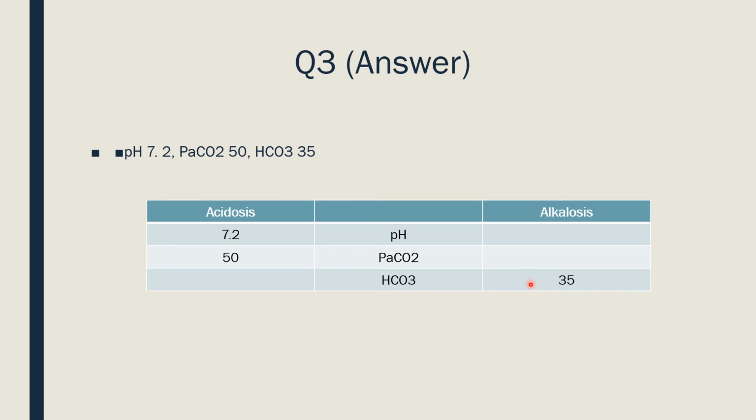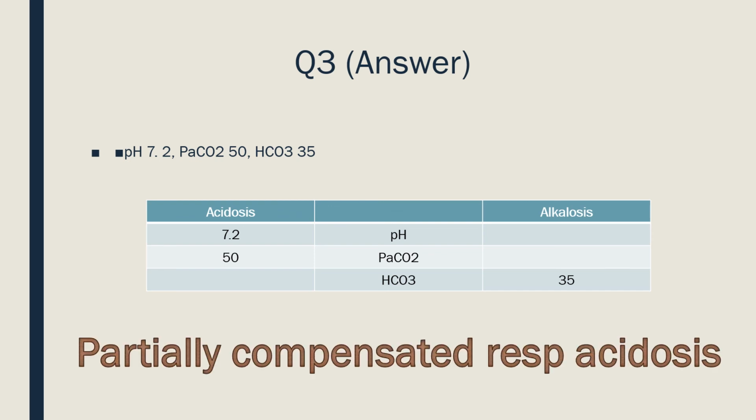And as you can see here, the other value that is on the opposite side is bicarb. So we know that the answer here is partially compensated respiratory acidosis.